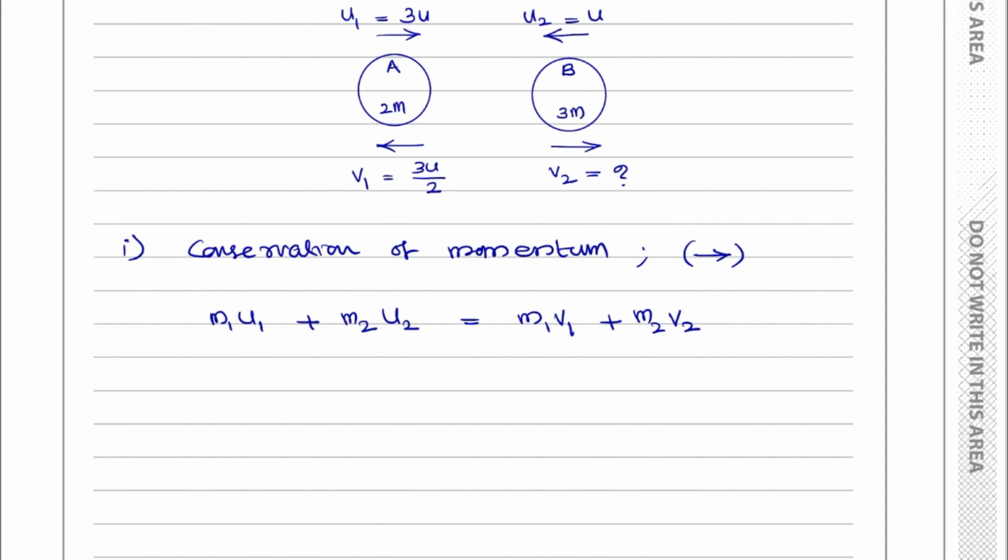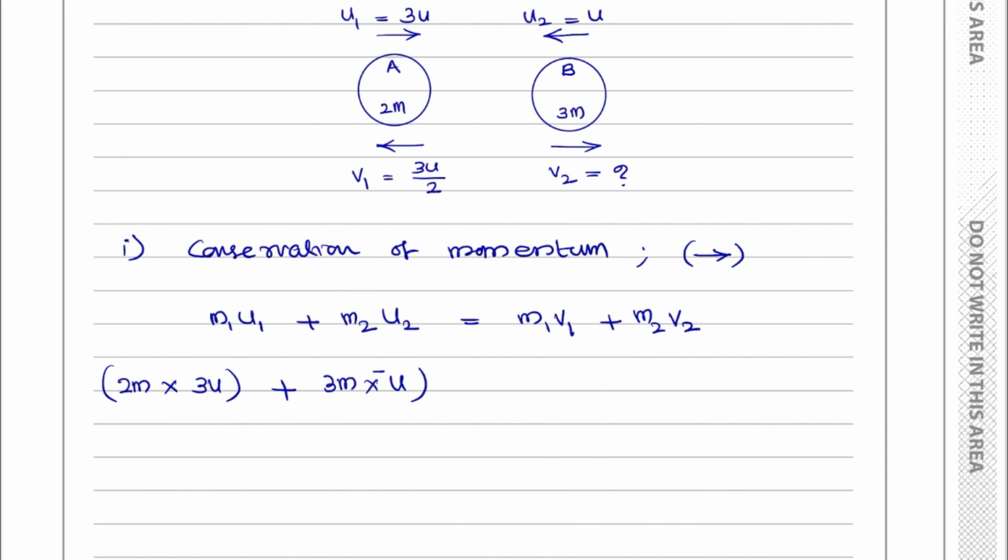For that, we need to substitute these values. m1 is 2m into u1 is 3u, plus m2 is 3m into u2 is u, but this u is in the opposite direction. This is my positive x direction, so I substitute a negative value.